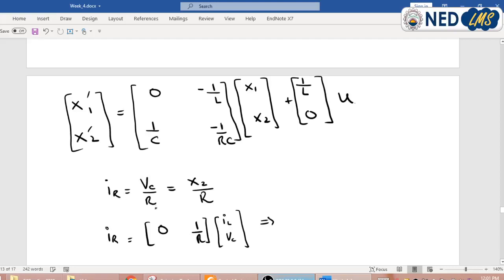IR is equal to VC over R. So this is the state space representation of our system here. I hope that this question is clear.